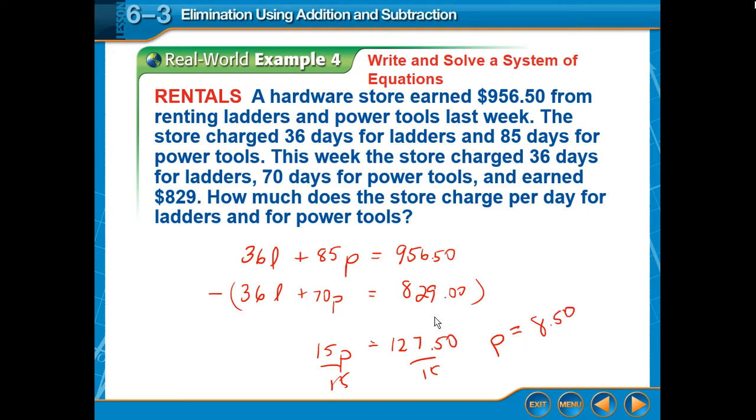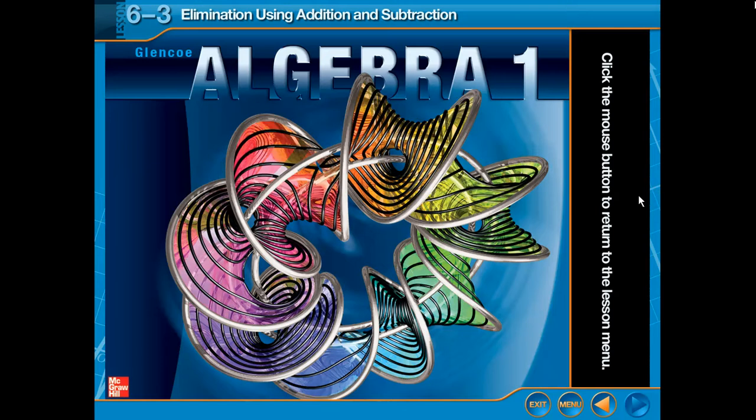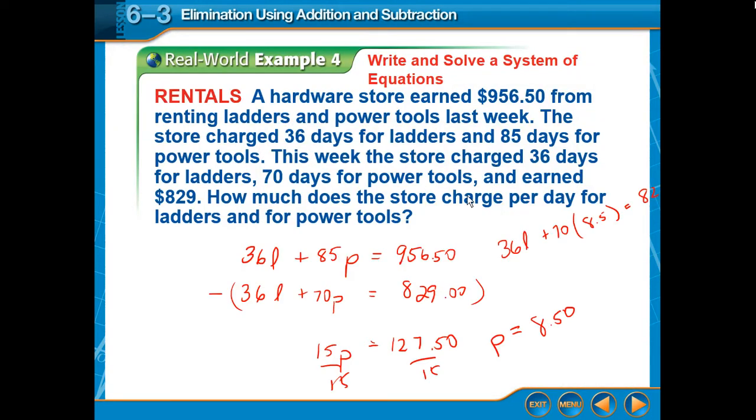All right, and then I still need to find L. So I'm just going to take that and put it back into one of my equations. So let's say I do 36L plus 70 times 8.5, putting in the P I just found, and that's equal to 829. Then 8.5 times 70 is 595, so this is going to be 36L plus 595 equals 829.